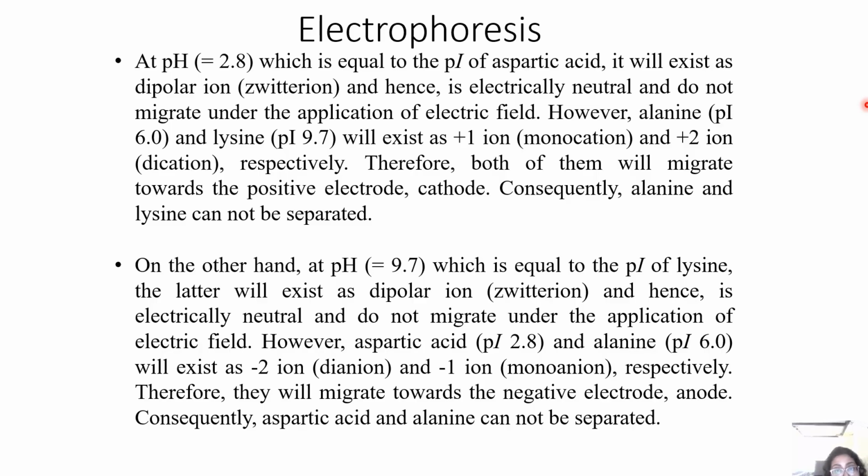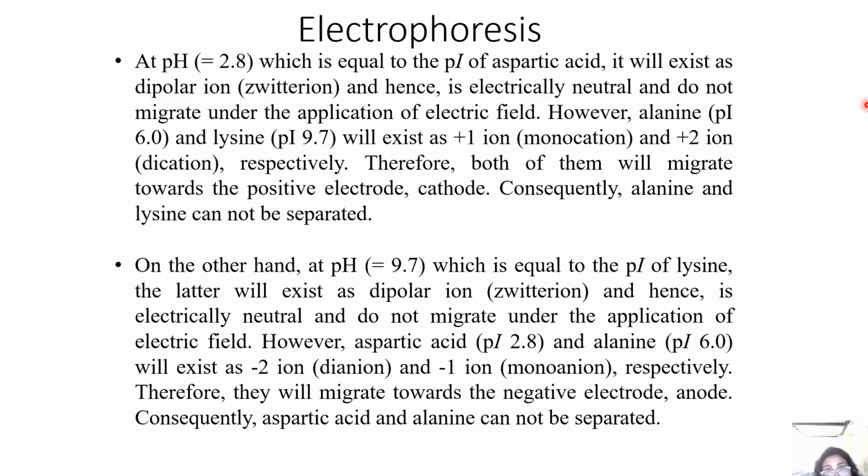On the other hand, at pH 9.7, which is equal to the pI of lysine, lysine will exist as a dipolar ion or zwitter ion and hence will not migrate because it will be electrically neutral. However, aspartic acid and alanine will exist as -2 ion and -1 ion respectively.